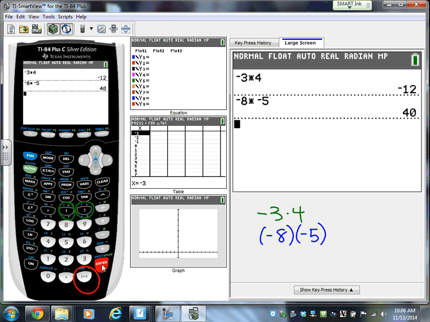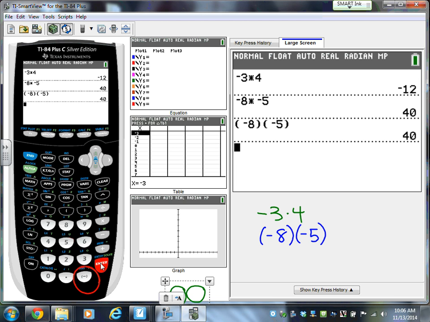So I could type in parentheses, negative 8, and my parentheses, and then start another one, multiply that by negative 5, also in parentheses, and I still will get an answer of 40. So your calculator will recognize multiplying either with a multiplication symbol or by using both numbers in parentheses.